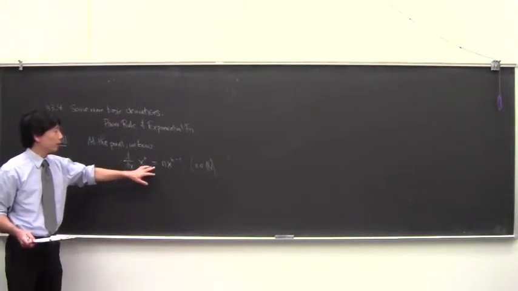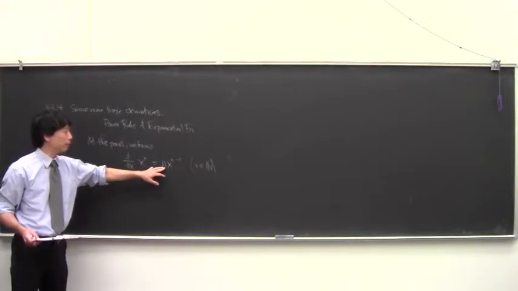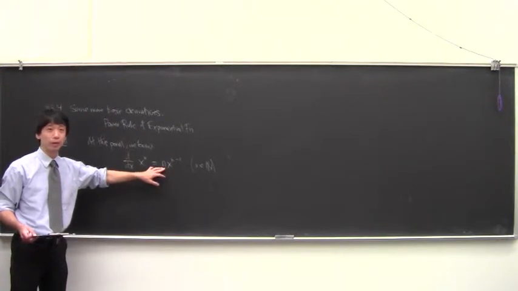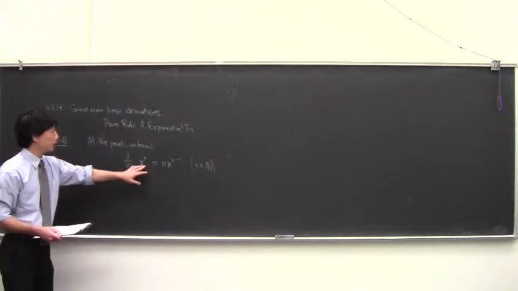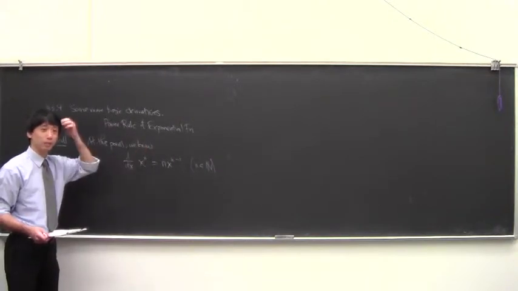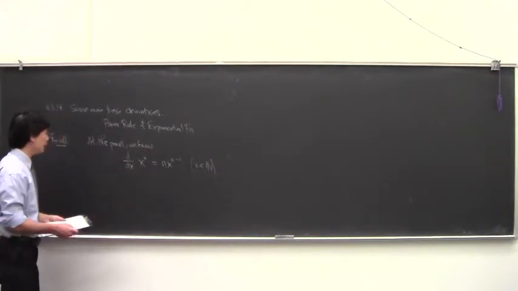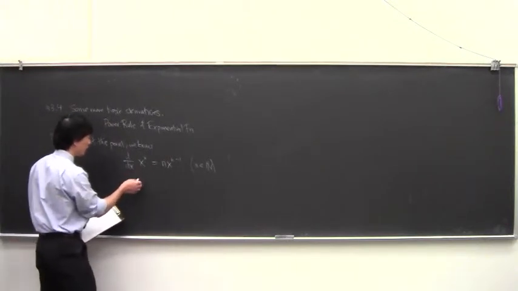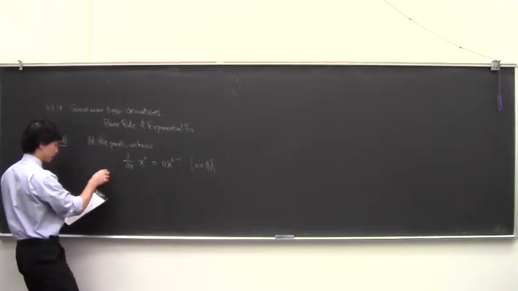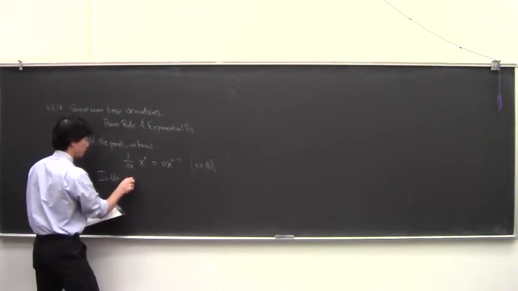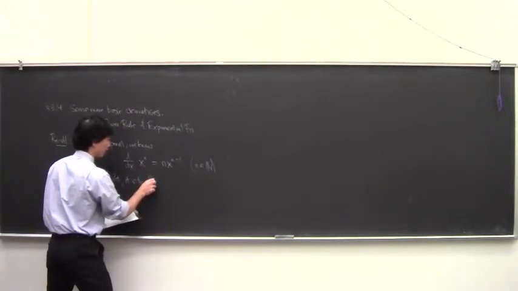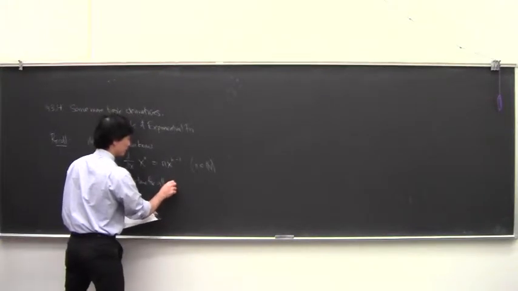And so we don't have this rule for any numbers other than like 1, 2, 3, 4, 5. x to the 1, x to the 2, x to the 0, etc. But in fact, it is true for all real numbers.